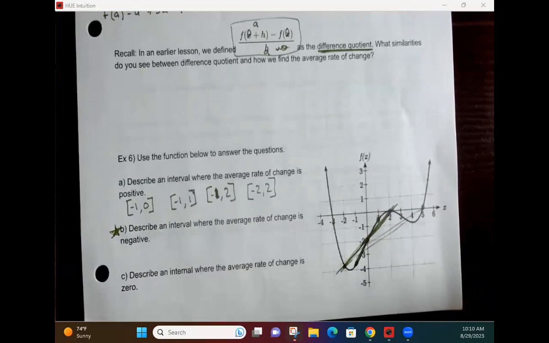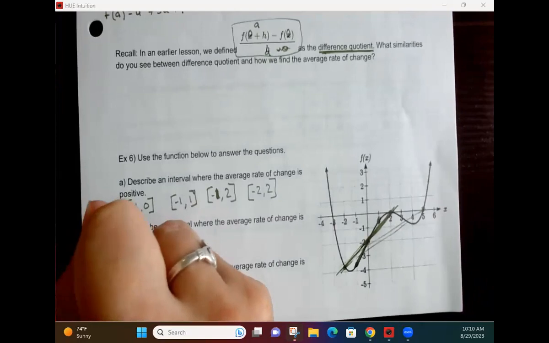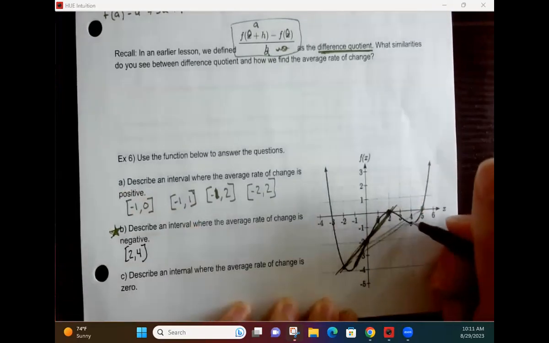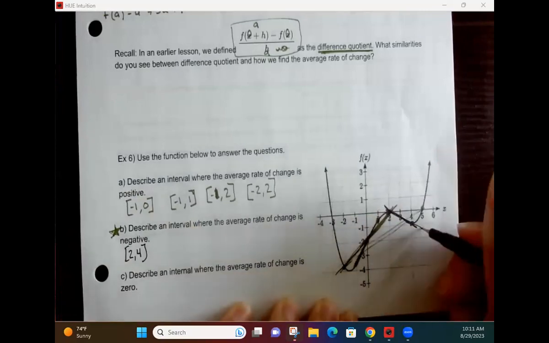Anybody think they have one? What'd you get? From 2 to 4. So from 2 to 4, yep, that's negative.